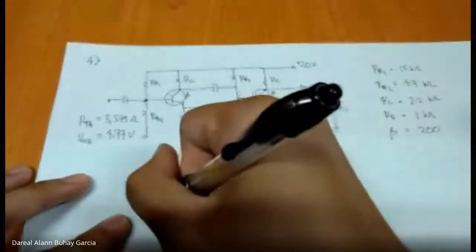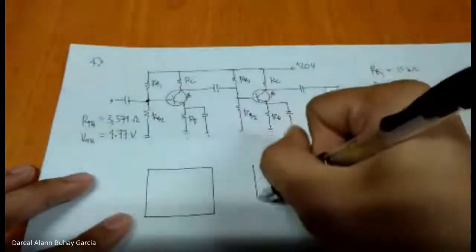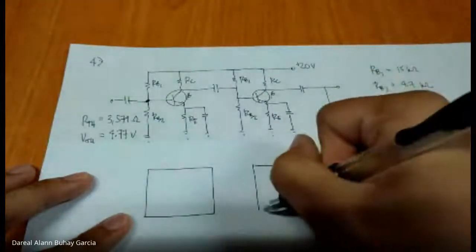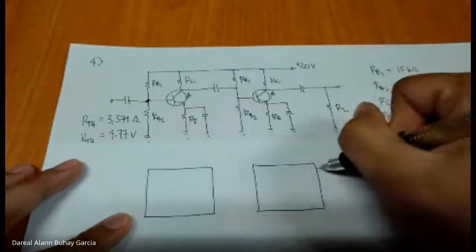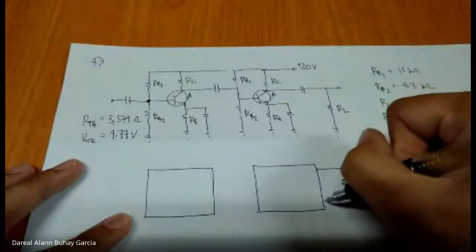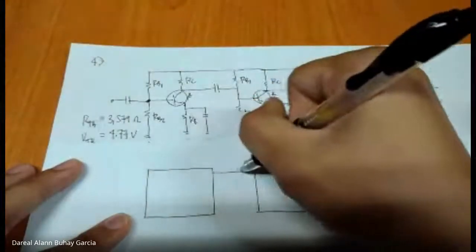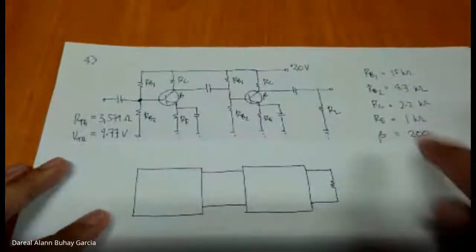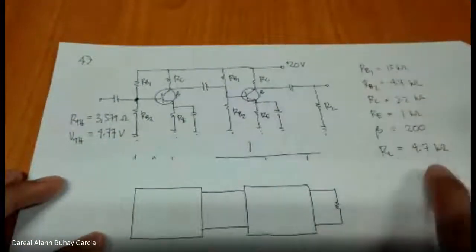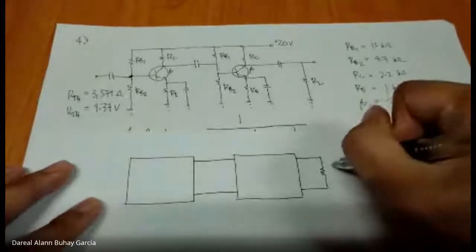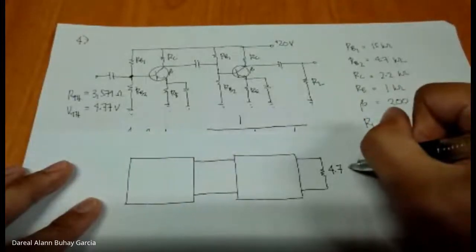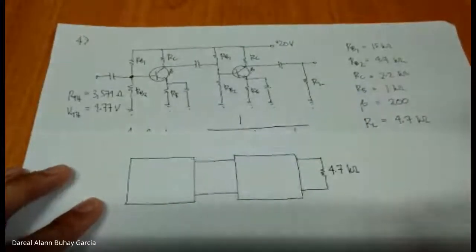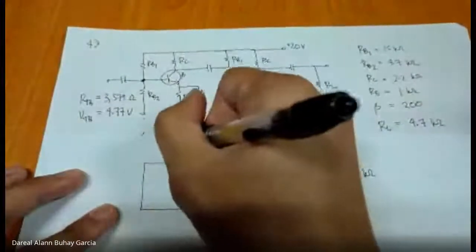Oh, the same katong ganina. No? RL is 4.7K. Amplifier 1.